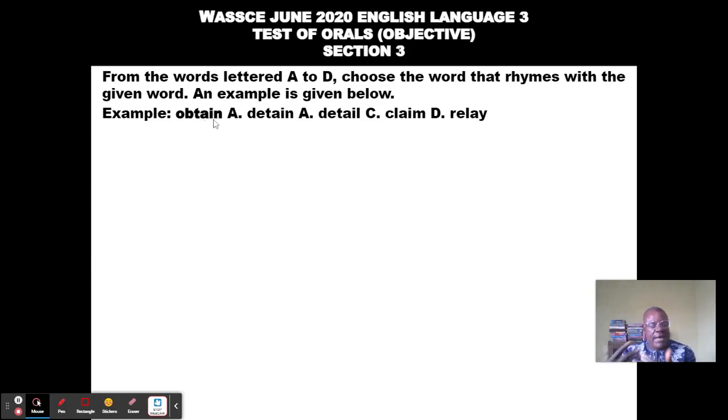Now, rhyme is sameness of word, and it has to do with the correspondence between the sound in a given word and the sound in another, especially the last syllable of the word. So obtain, the last syllable is ain or tain, if you like.